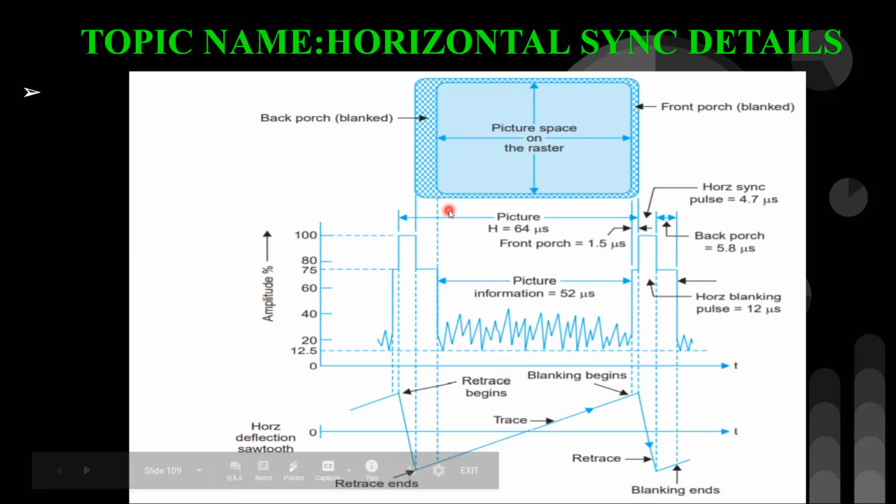So the line blanking period is divided into three sections.